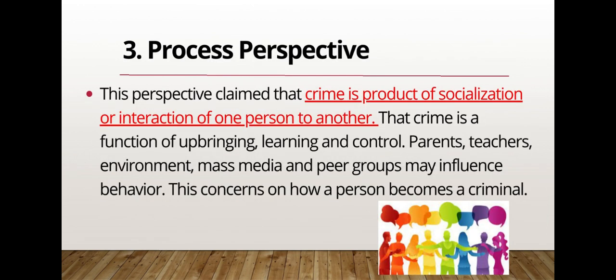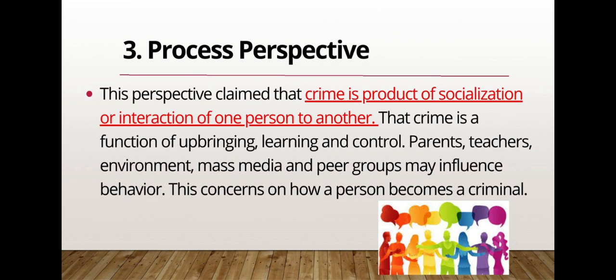Okay, our third perspective is the process perspective. Ano naman to? Crime is a product of socializations or interactions of one person's to other. Ibig sabihin, yung crime daw is a product of socializations. Maaaring yung isang tao, nagkaroon siya ng criminal behavior dahil sa mga nakakasalamuhan niya.